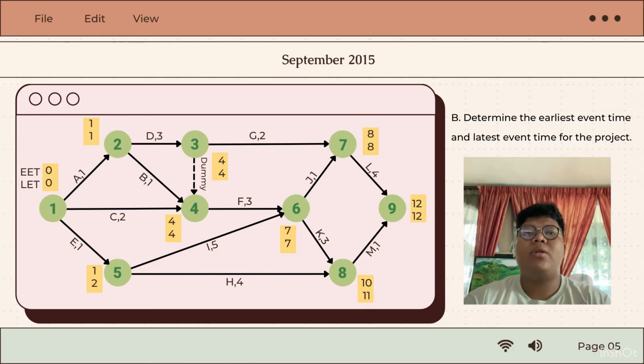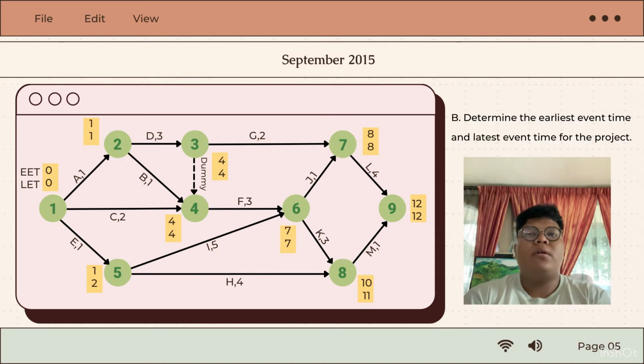So we choose the lowest value, which is 7 instead of 8. For path 5, they also have 2 tails, which are 7 minus 5 equals 2 and 11 minus 4 equals 7. So we choose 2 because 2 is the lowest value.